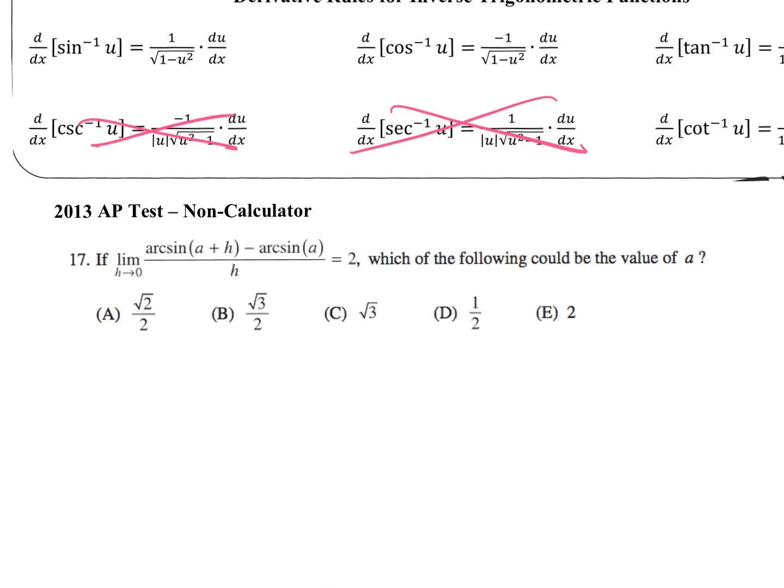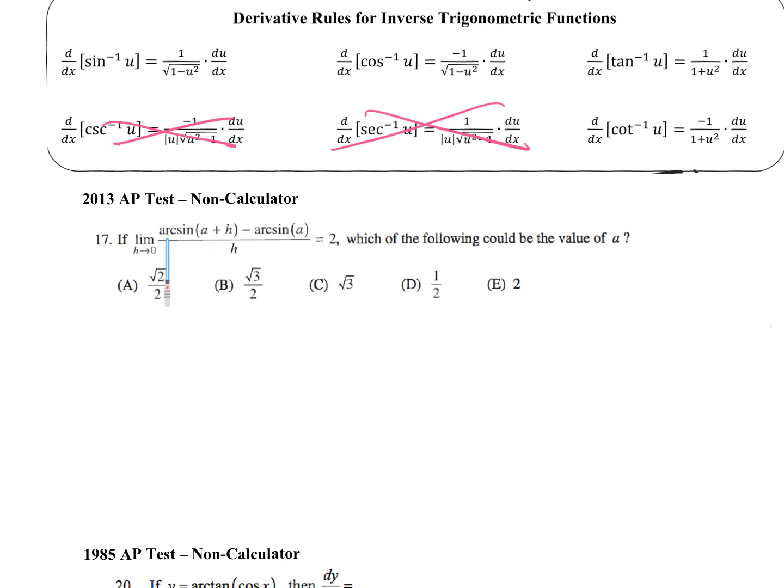Here's the last one. You guys, what does this thing look like? Yeah, this is that formal definition of the derivative. And look what they said. It is 2. They want us to figure out the value of a. So let me remind you what that formal definition of the derivative looks like in this form.